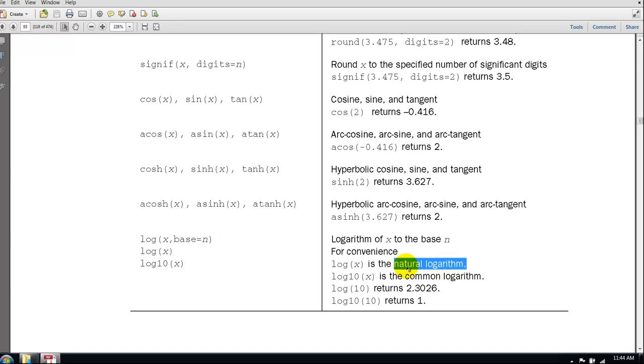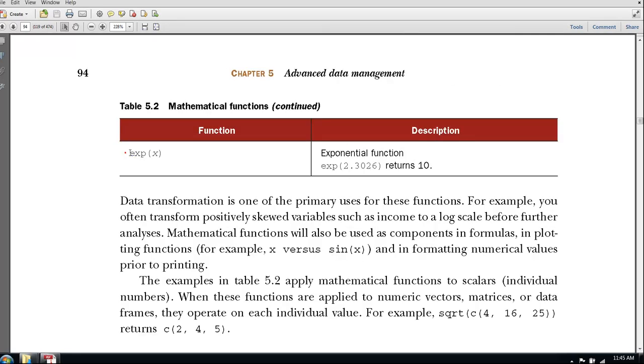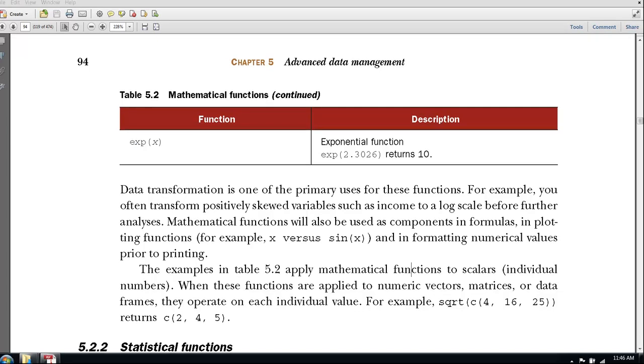That means normally we would call that ln of x. I don't know why they don't call it ln of x. And log10 of x is log base 10 of x. Okay? We have those. And this is the exponential function, e.